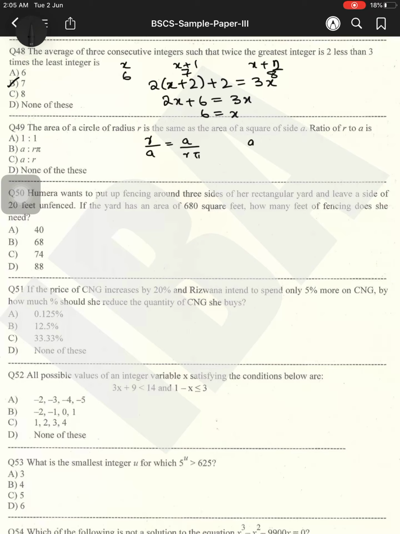And then in the first line he says that the area of a circle by r square is the same as the area of a square, which is a square. Is it the same? If we do cross multiplication, yes, it's going to be the same. So it's B.